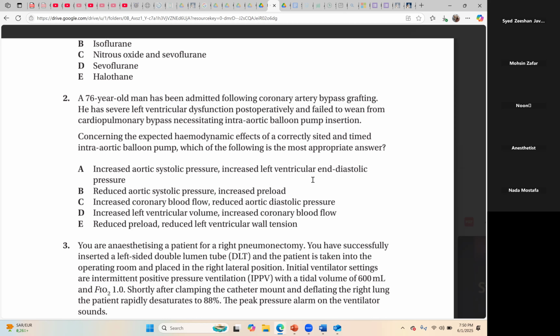Okay, this is one point, and just before systole it deflates, like you can say it is relaxed. So when it is relaxed, it decreases SVR, it decreases afterload. So it improves the contractility and the cardiac output. So this is the mechanism of functioning of the intra-aortic balloon pump.